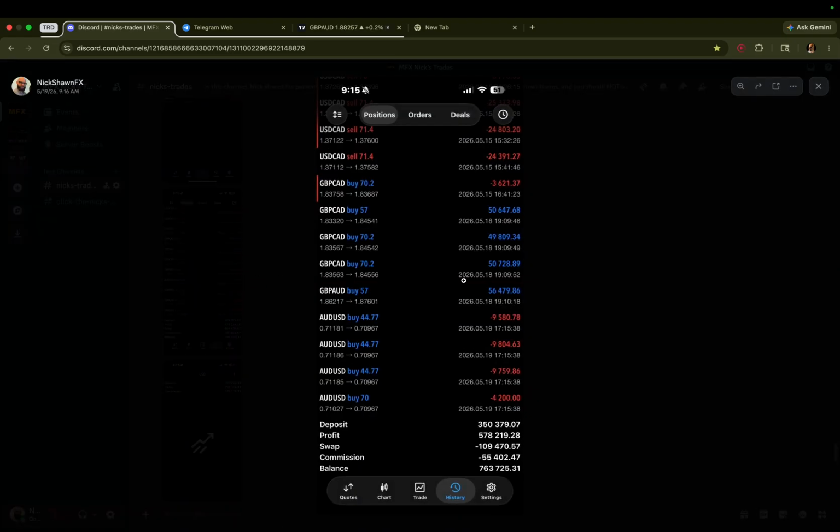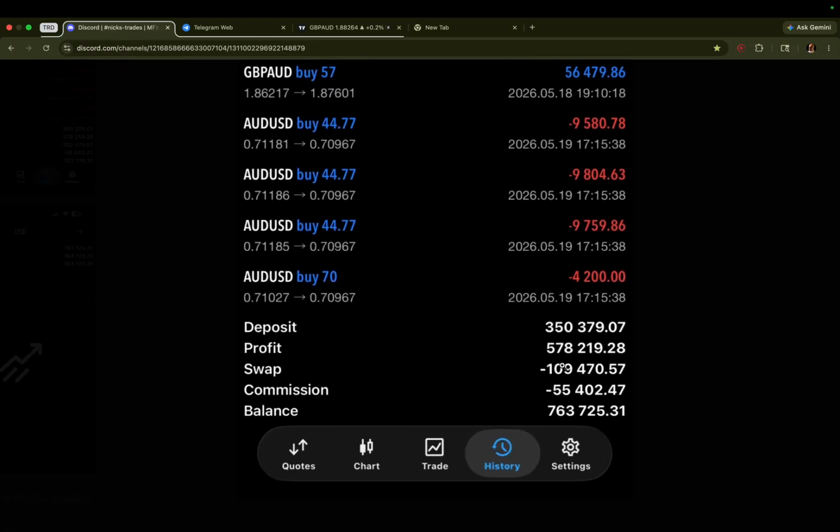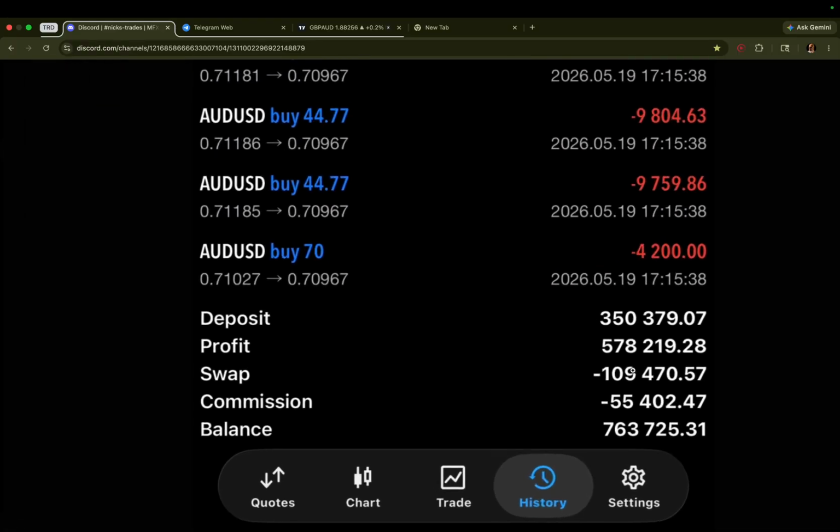And the risk remains. I started this account in, I think, September or October of last year, October 2025. We currently sit here in May of 2026. And I've called every single trade on this account live. I've more than doubled the account in that time period, even after paying almost $170,000 in swap fees.